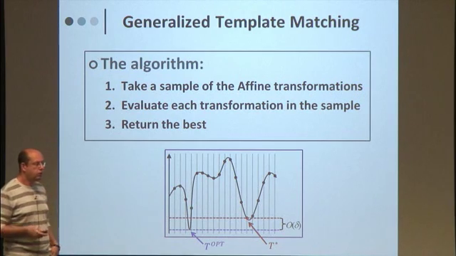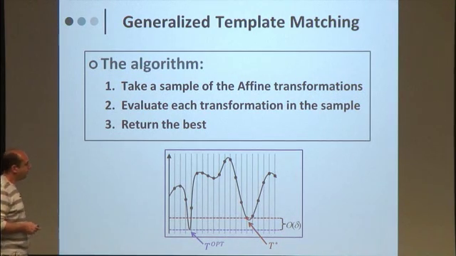Now, the key observation that we make, and that's something that is well known, is that we assume that images are piecewise smooth. What this means is that if you take a transformation and slightly perturb it, the error that you'll get will change only slightly because the image is piecewise smooth. So most of the pixels of the template will land on pixels with similar values, and only around the edges there will be a change.